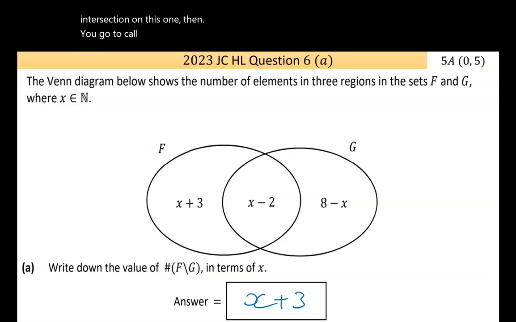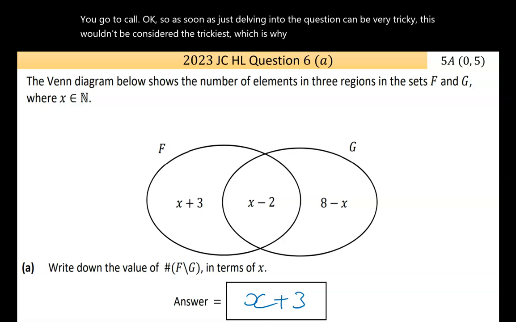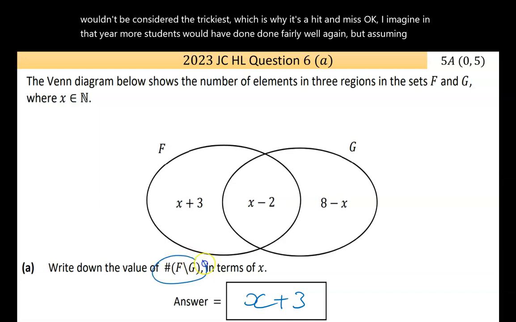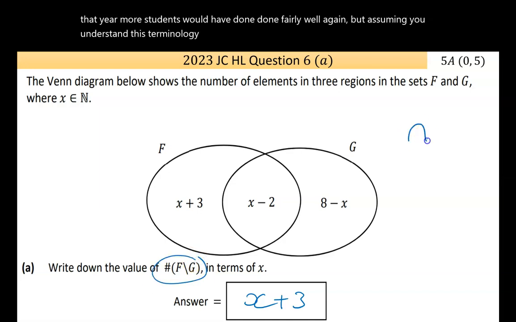Someone's just delving into the question. Now, sets can be very tricky. This wouldn't be considered the trickiest, which is why it's a hit and miss. I imagine in that year, most students would have done fairly well, assuming you understand this terminology. So this would mean intersection. This would mean union, which is kind of the marriage of.